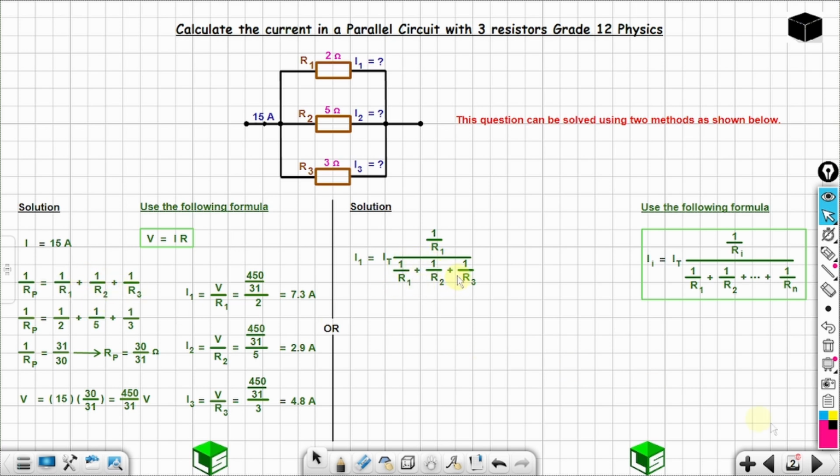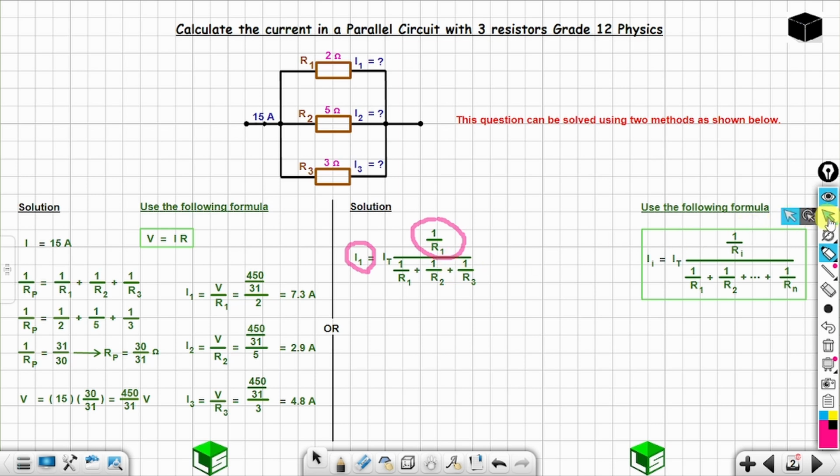When you are calculating I1, you are going to have 1 over R1 in the numerator.